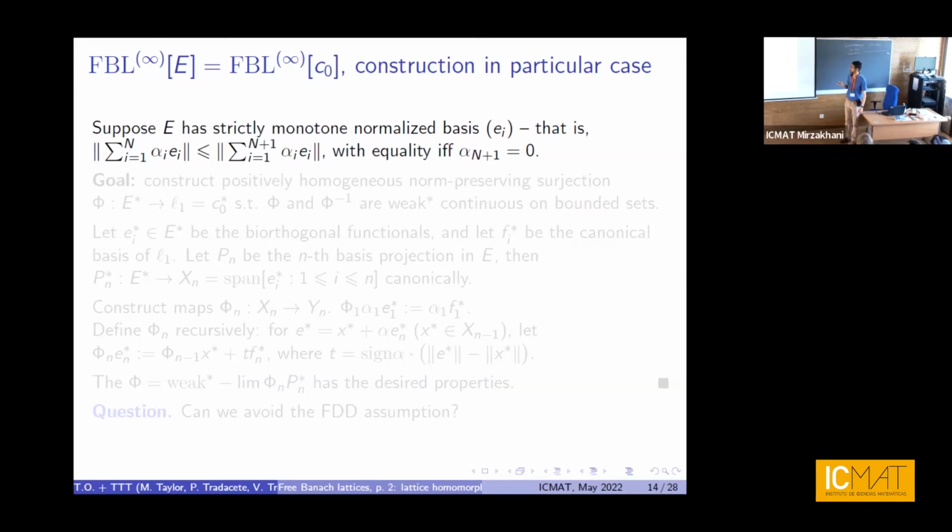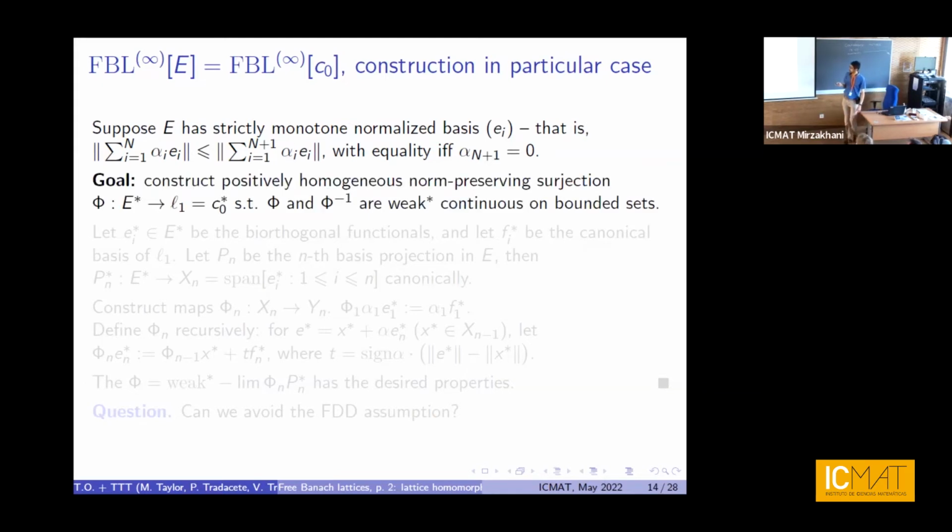Monotonicity gives you that for any collection alpha of real numbers we always have this inequality here, that if we add a different coordinate, the norm will not decrease. But strict monotonicity tells you that the norm will actually increase unless this extra coordinate that you are adding is 0.